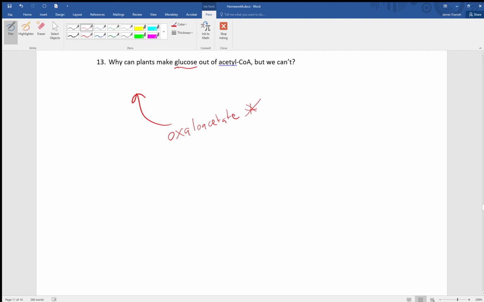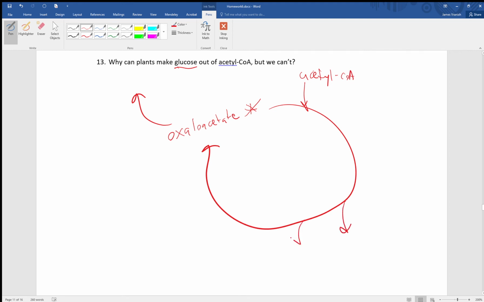Now, in the citric acid cycle, we can add in acetyl-CoA, but the carbons from acetyl-CoA end up leaving as CO2 along the way before they get to oxaloacetate.